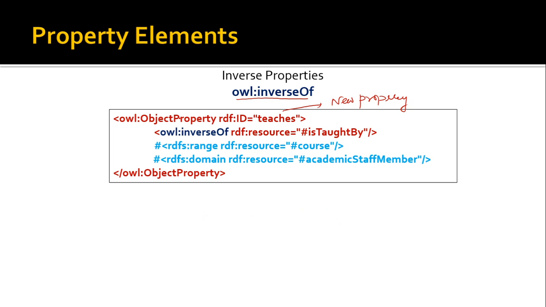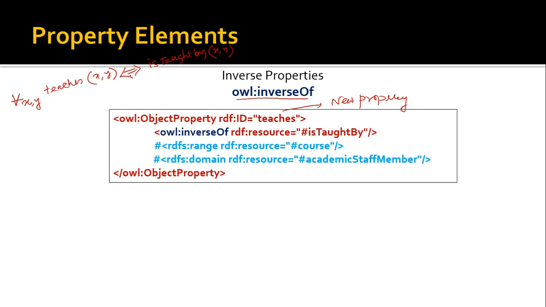So how do you represent this in first order logic? Basically, if we have two things, x, y, we just say teaches(x, y) implies is taught by(y, x), right?